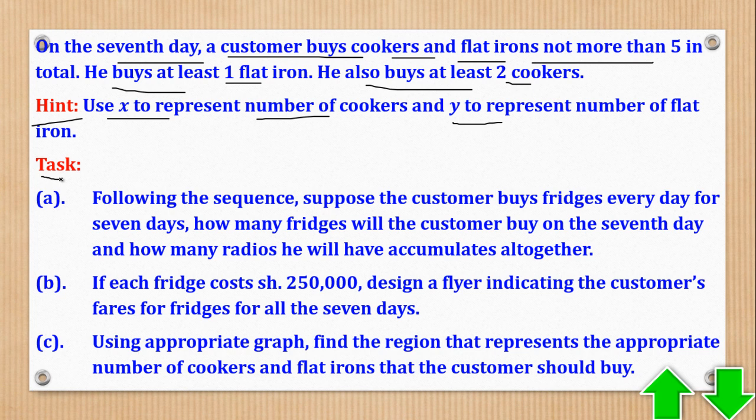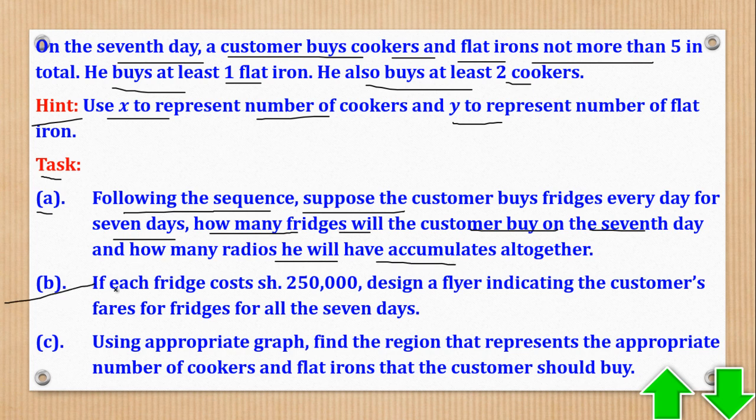Then the task A. Following the sequence, suppose the customer buys fridges every day for 7 days. How many fridges will the customer buy on the 7th day, and how many radios will he have accumulated altogether?